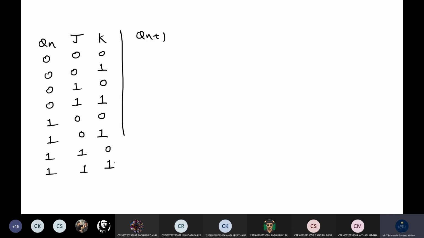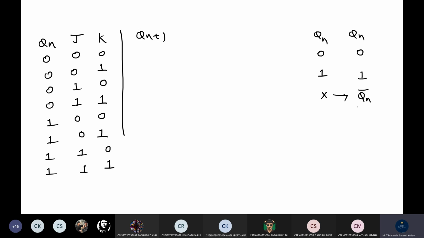So what is the truth table of JK? Qn, 0, 1 and don't care or Qn bar? Qn bar. This is the only difference. If it is SR flip flop, the truth table will be Qn, 0, 1 and X. 0, 1 and don't care.